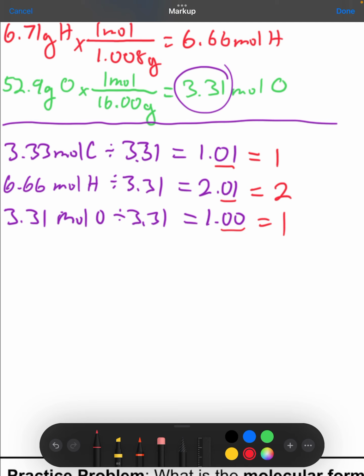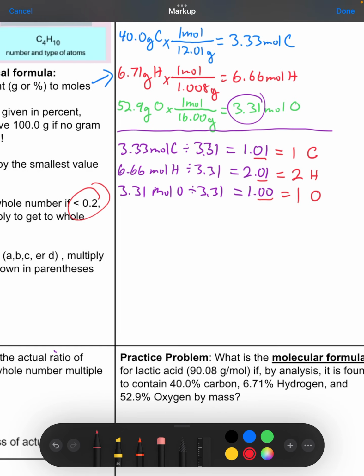So that tells me that I have 1 carbon, 2 hydrogens, and 1 oxygen in my empirical formula. That is my whole number ratio. So your answer is going to be C1H2O1. Okay?